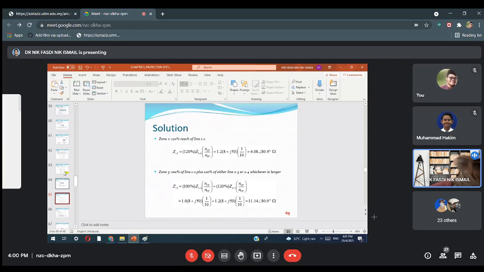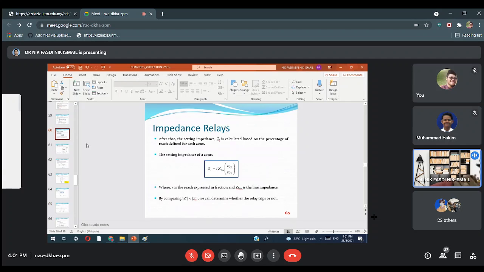Using this formula, remember the formula we used earlier: ZR equals R times Z line times the ratio of current transformer over voltage transformer. R is the reach percentage. Z line is the line impedance given in the question.